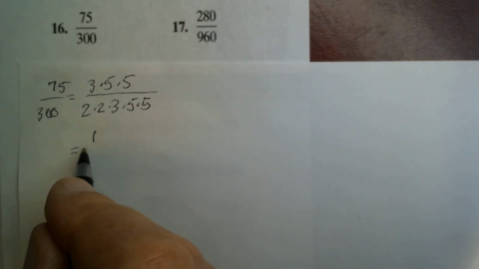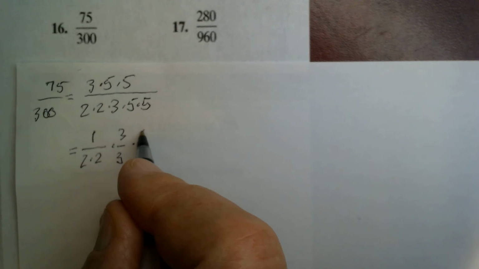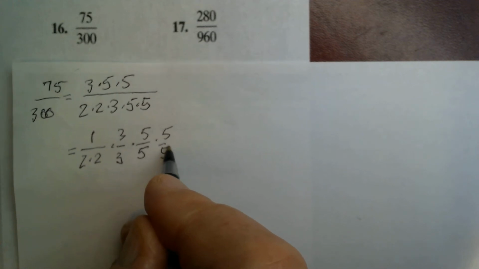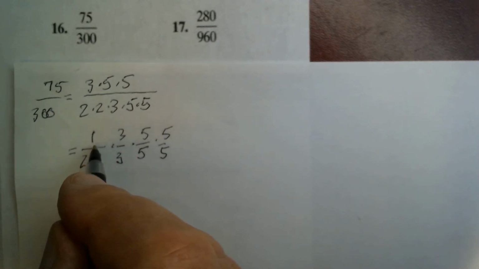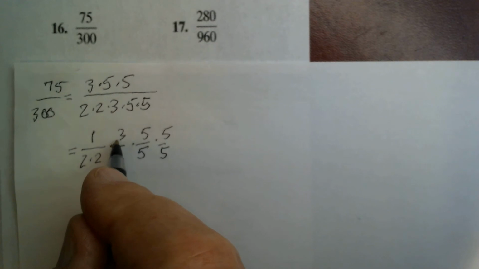1 divided by 2 times 2 times 3 divided by 3 times 5 divided by 5 times 5 divided by 5. So here we have the 5s and the 3s. And I included a factor of 1 because we need some factor in the numerator of 1.